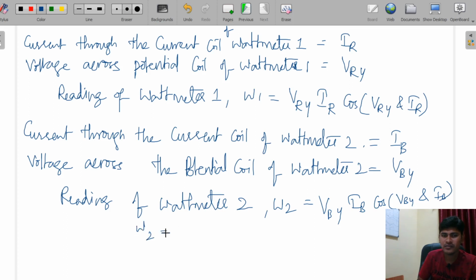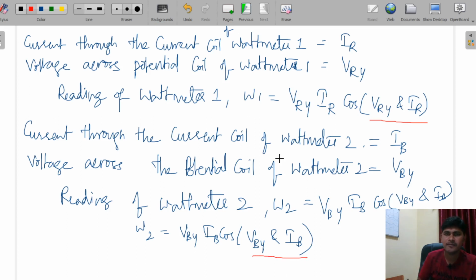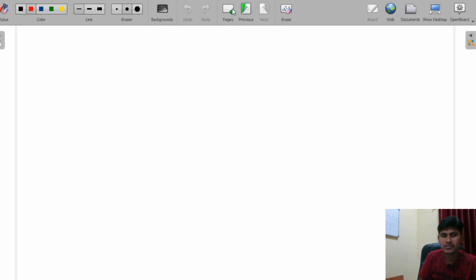Let me write it here: W2 is equal to VBY IB cos of the angle between VBY and IB. In order to find the angle between VRY and IR and the angle between VBY and IB, we must draw the phasor diagram. From the phasor diagram we will get these two angles. So now let us draw the phasor diagram.